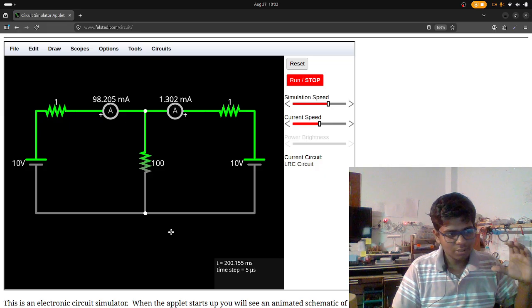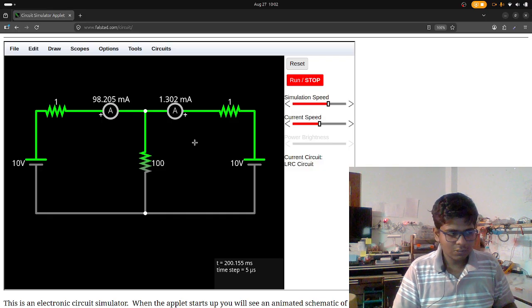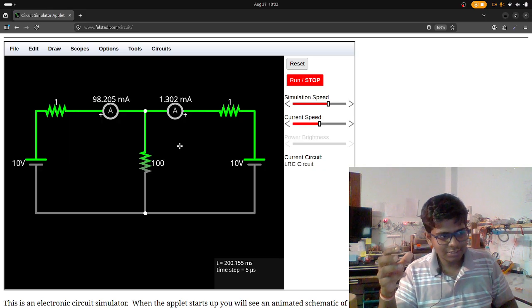This small difference in the voltage sources can create that much imbalance in the transmission line. So that's why synchronization of DC sources is not that easy.